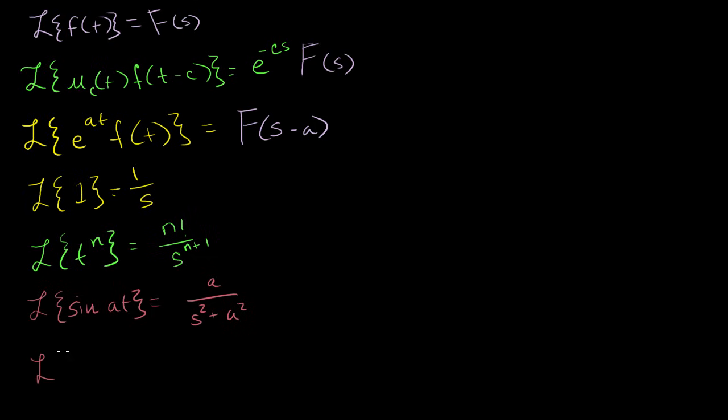And the Laplace transform of cosine of at is equal to s over s squared plus a squared. You'll be amazed by how far we can go with just what I've written here. In future videos, we're going to broaden our toolkit even further. But just these right here, you can already do a whole set of Laplace transforms and inverse Laplace transforms. So let's try to do a few.